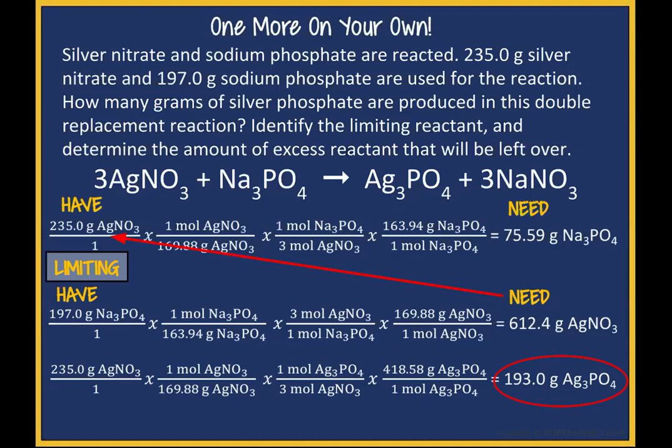Identify the limiting reactant and determine the amount of excess reactant that will be left over. How do we find the excess reactant? Well, if silver nitrate is the limiting, sodium phosphate must be the excess. So we're going to subtract. We need 75.59, and we have 197.